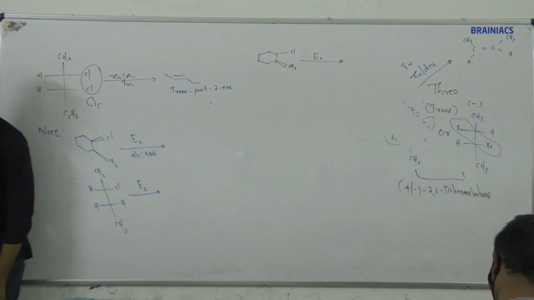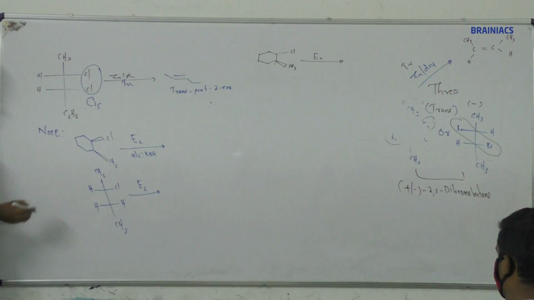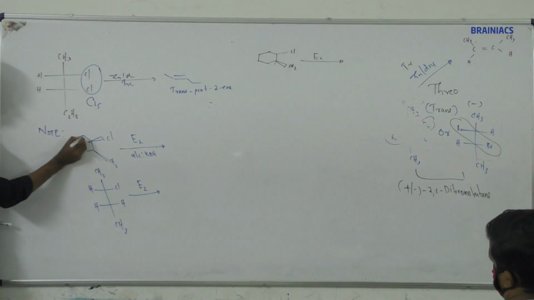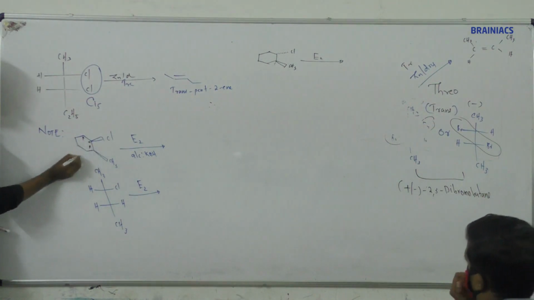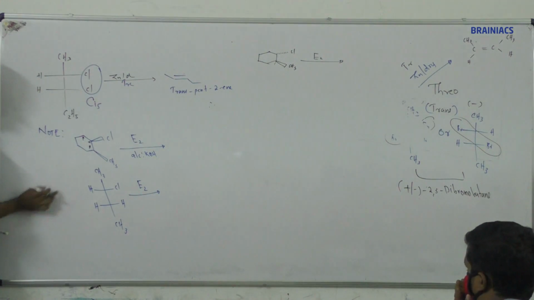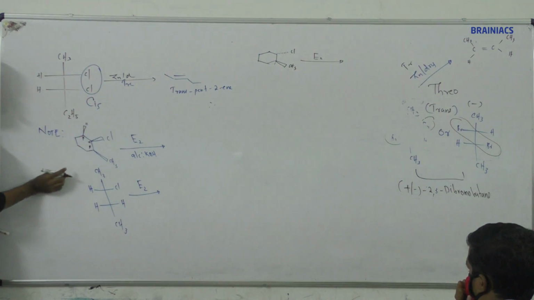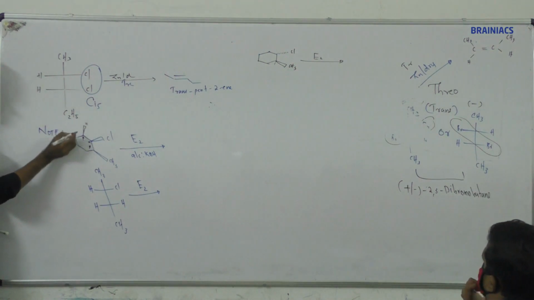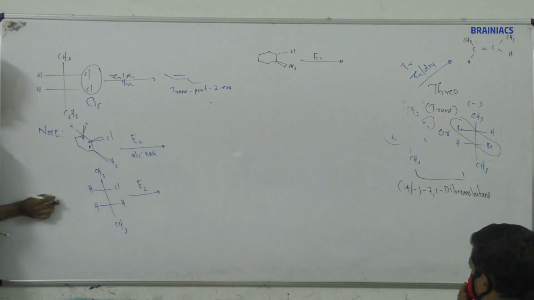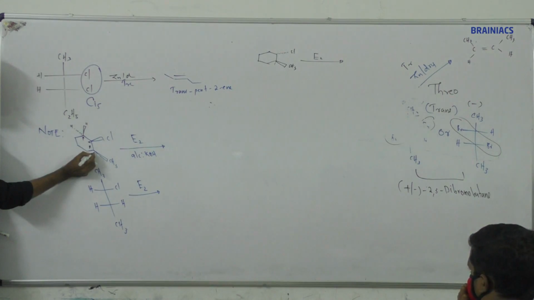So what about here? What are the chances? Listen carefully. This is alpha, here is beta, here is beta. What about the beta hydrogen in this carbon? There are two beta hydrogens. If one is inwards, the other one is outwards. Agreed. Here also a hydrogen.